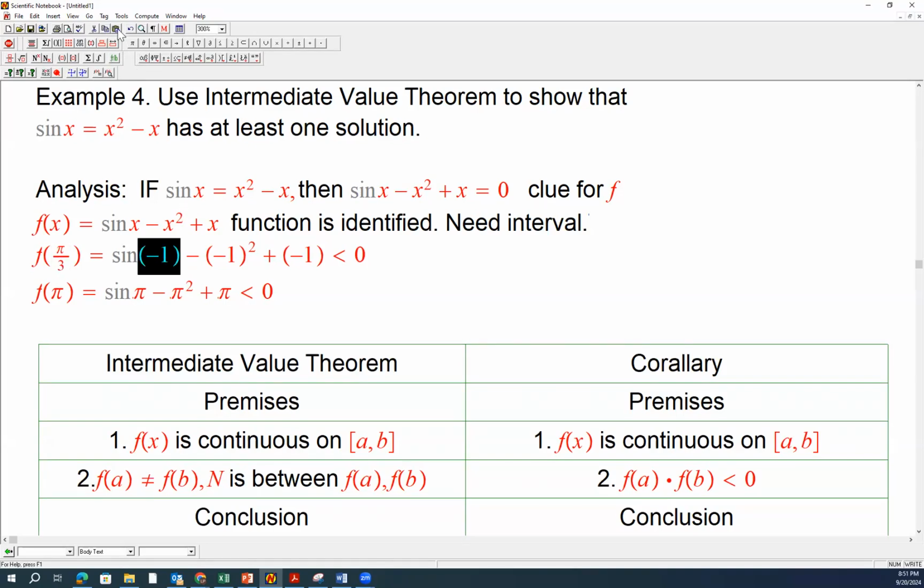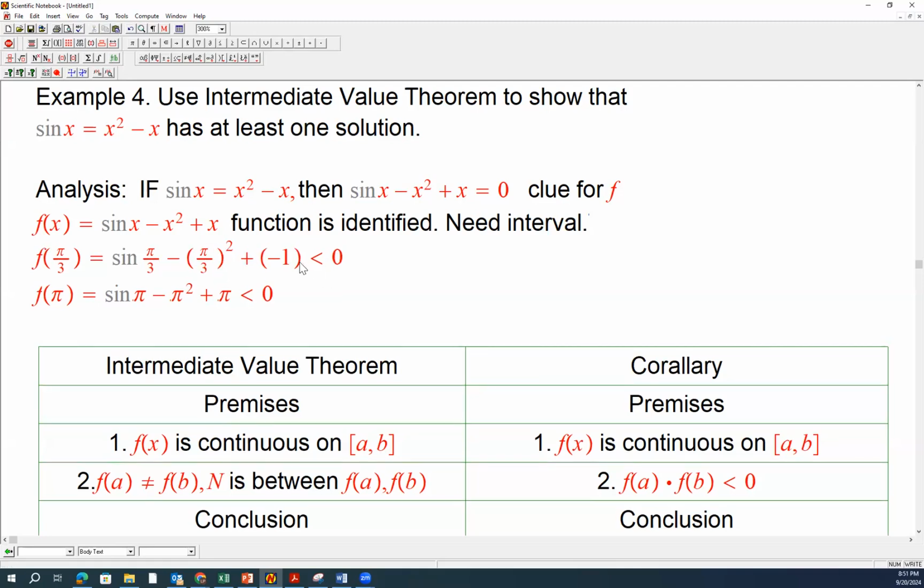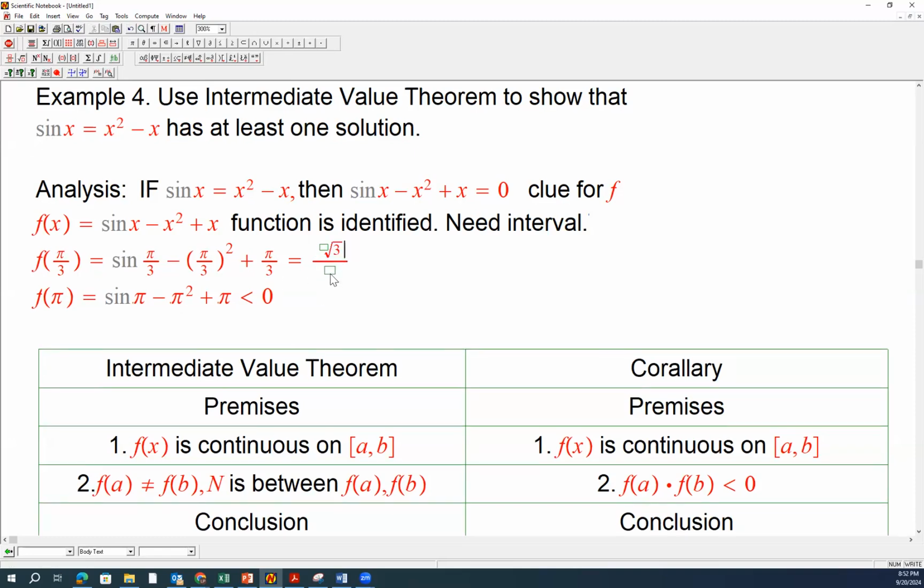So this is going to be pi over 3, and this is going to be pi over 3, and that's going to be pi over 3. Let's see what we get. Sine of pi over 3 equals root 3 over 2. And that piece, what do we get?